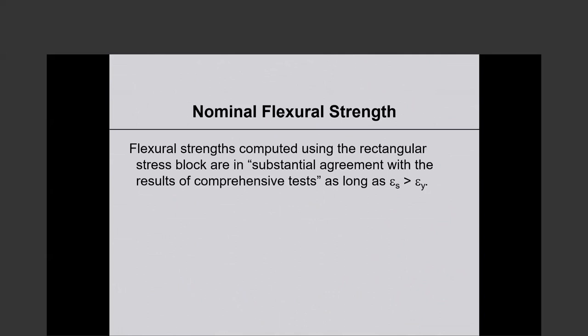Okay, so that's the topic we are on now. Flexural strengths computed using the rectangular stress block are in substantial agreement with the results of comprehensive tests as long as the tension reinforcement yields.